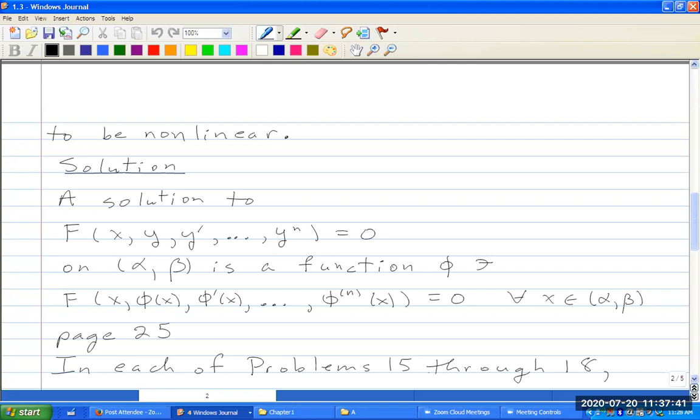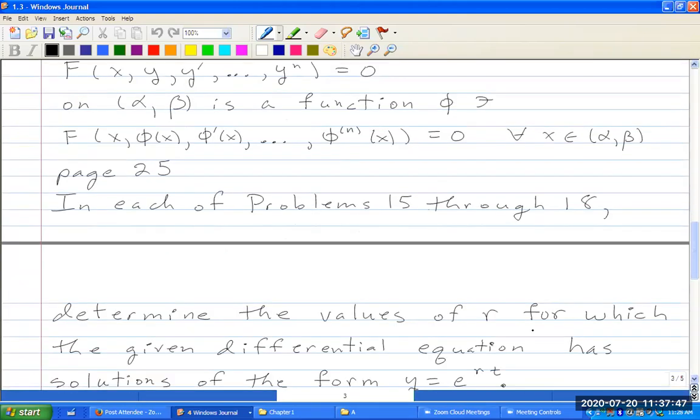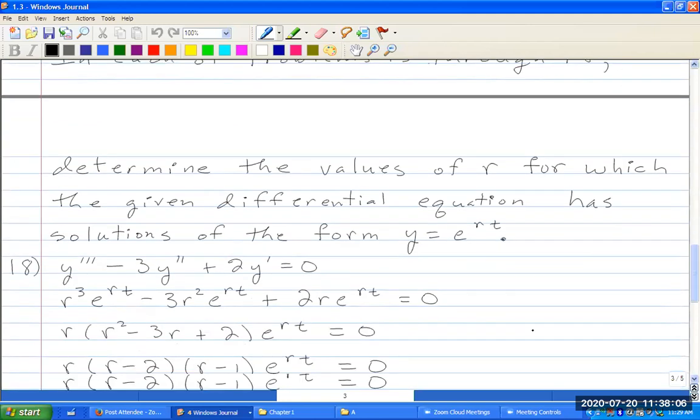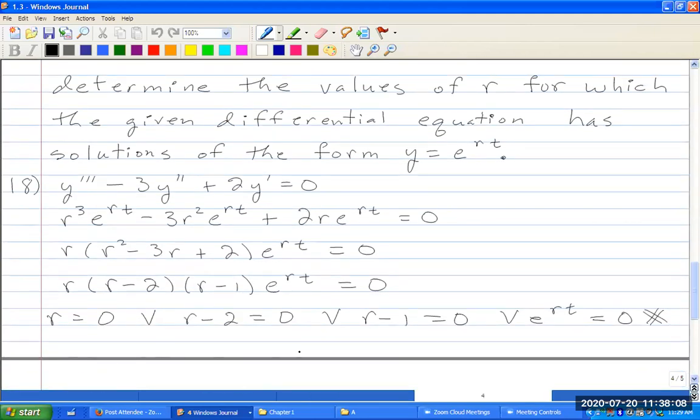In each of problems 15 through 18, determine the values of r for which the given differential equation has solutions of the form e^(rt). So, let me get rid of the work.